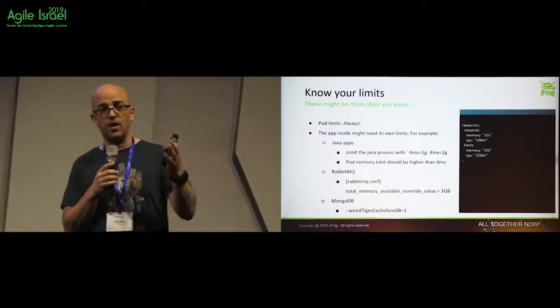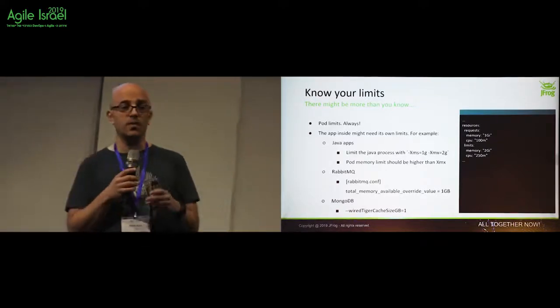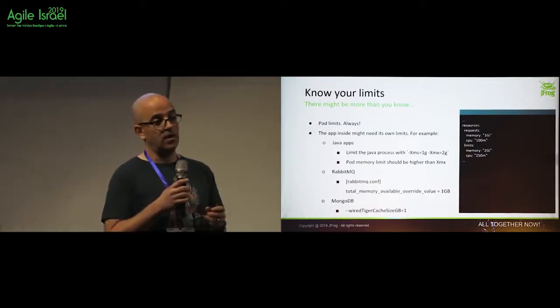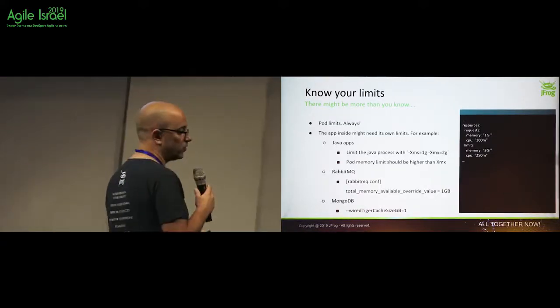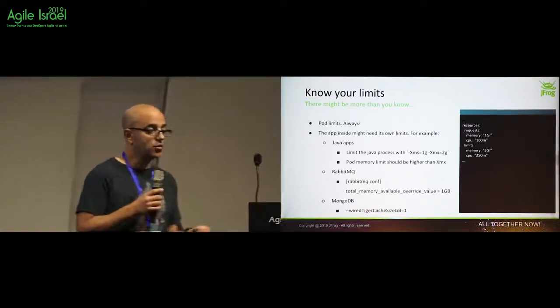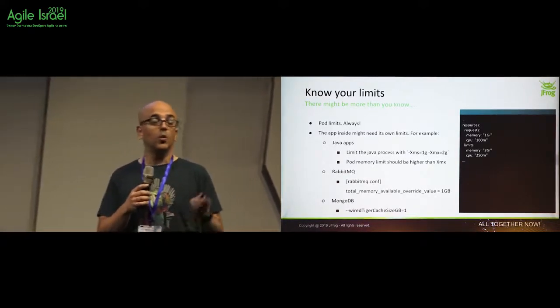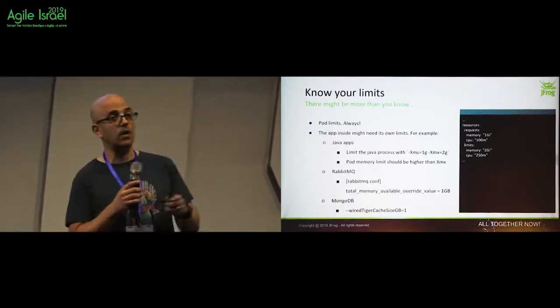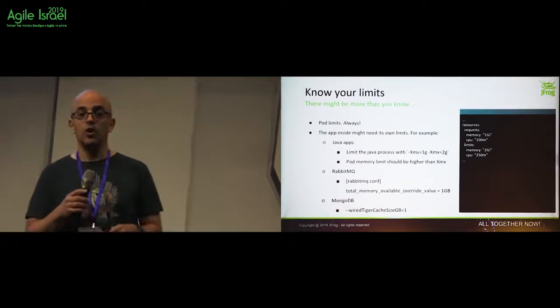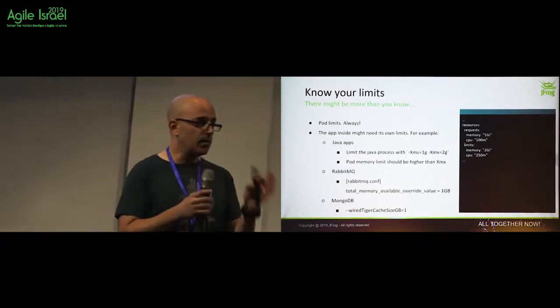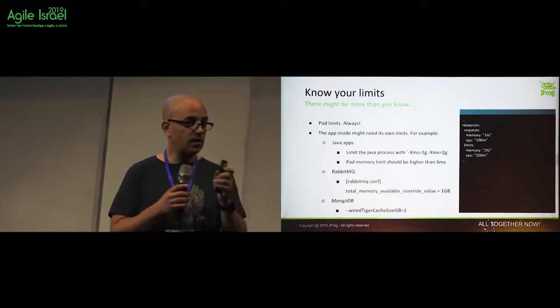Newer versions of Java do understand and do respect the limits given to it by the container runtime, so it has improved dramatically. We've had similar issues with RabbitMQ and MongoDB, which also were not very comfortable running inside containers inside Kubernetes. So you have to understand, put the limits on your applications, but be careful.